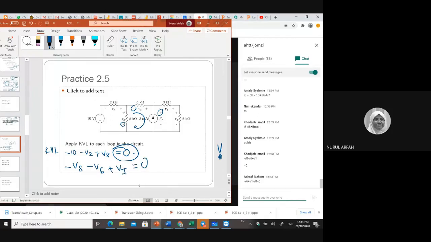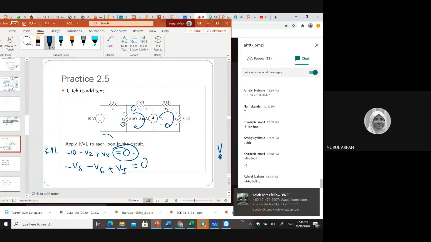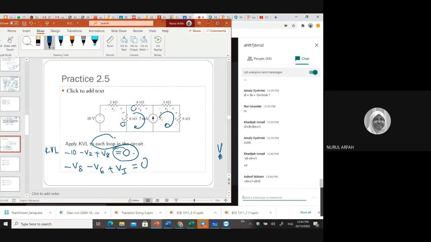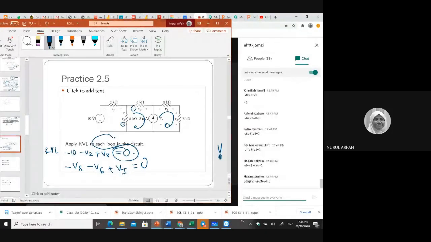What about the last part here? Actually, not last part because they ask you to find loops. Okay, this one? Negative VI minus V3, yes, and then plus V4. Yeah, correct. Most of you got it right.